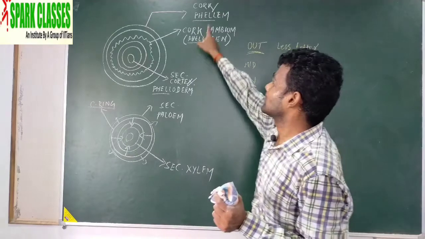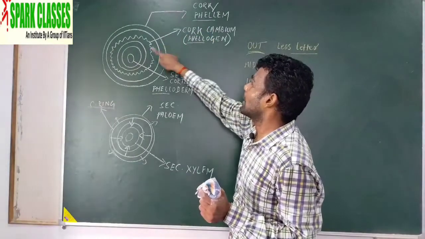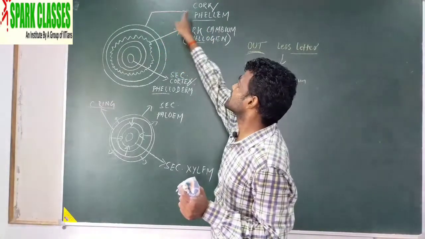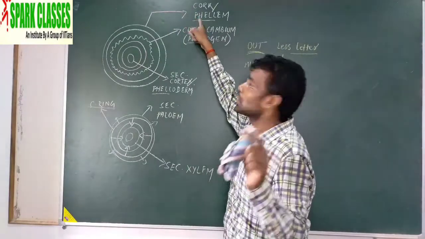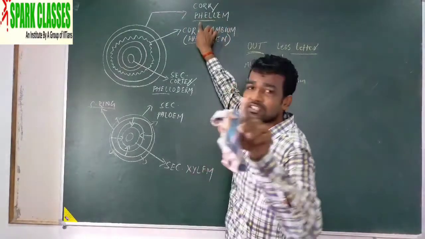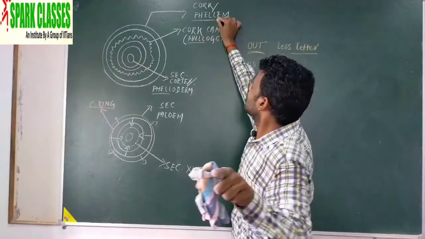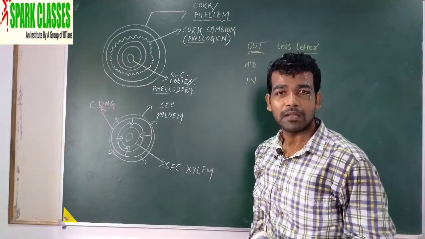Outside means outside of the cork cambium. What is present? Cork or phellem. Phel is common, only count the remaining letters.